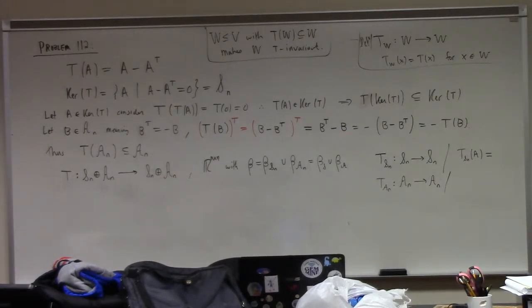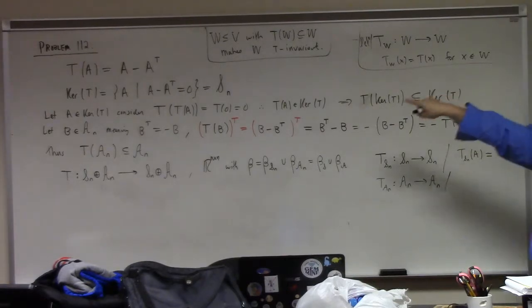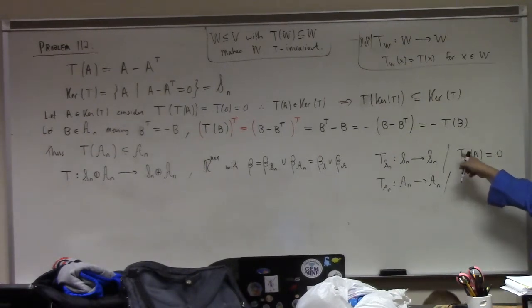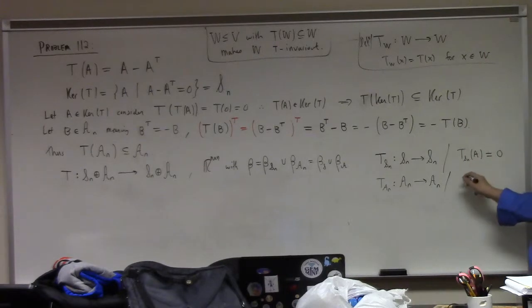So what's T sub Sn of A? What did we prove? That just maps to 0, right? Because anything in the symmetric part maps to 0 under T. How about the antisymmetric part? Well, that maps to A minus A transpose, right? But what's that equal to here?